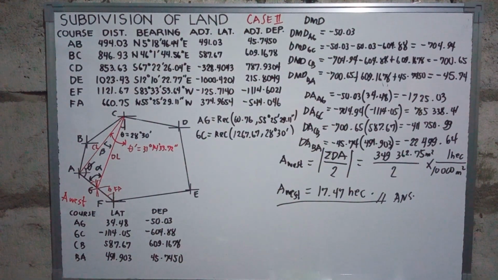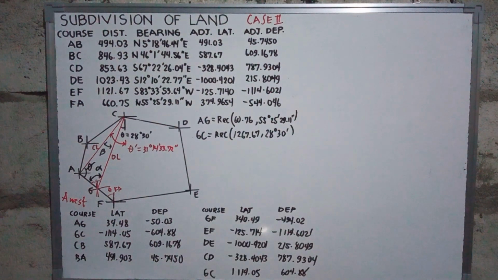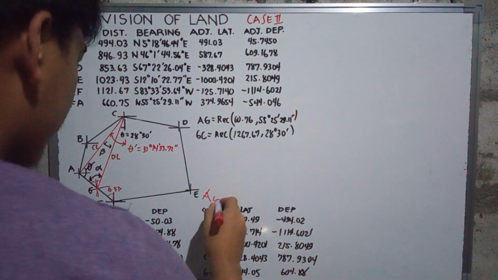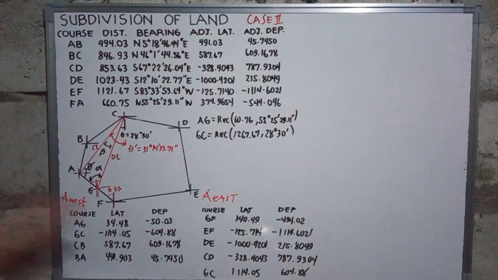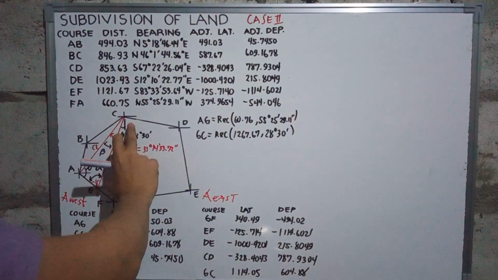So, hahanapin naman natin sa susunod yung value ng area east natin. So, kung kanina na-solve natin yung value ng area west natin, ngayon, let's solve naman for the value of our area east. So, yung area east natin, it is the east part of our dividing line.